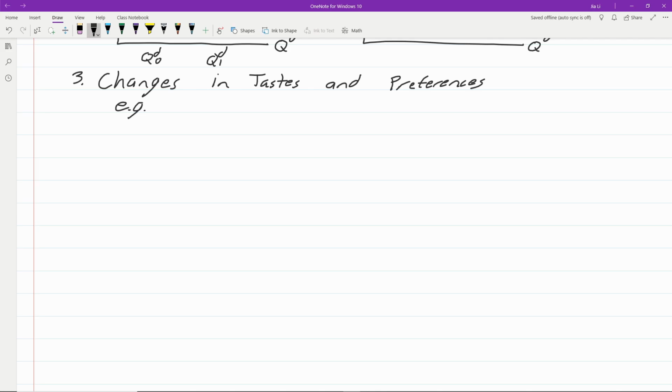So let's consider, for example, ice cream as a dessert during winter and summer.